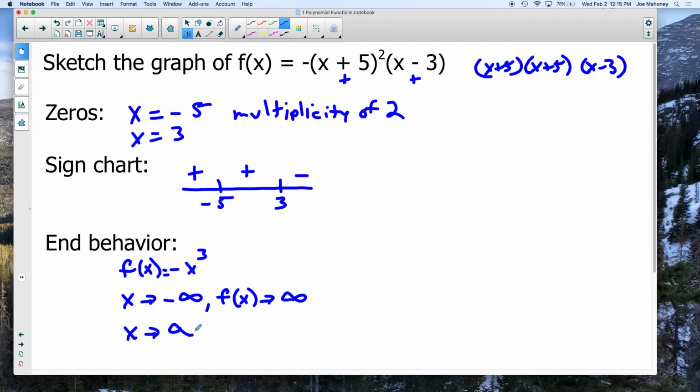And as x approaches positive infinity, a big number cubed is a big number, but then we gotta make it negative. So that's gonna go to negative infinity. And that should make sense to you, because doesn't a negative in front of a function flip it over the x-axis? Oh, I get it. So I want to see what's going to happen here at negative 5.